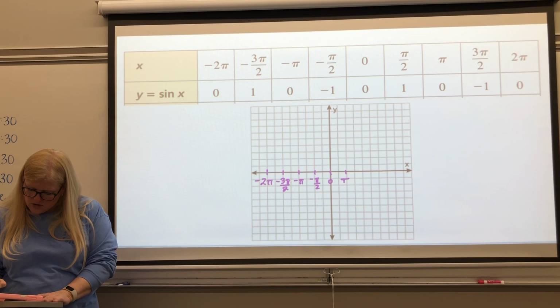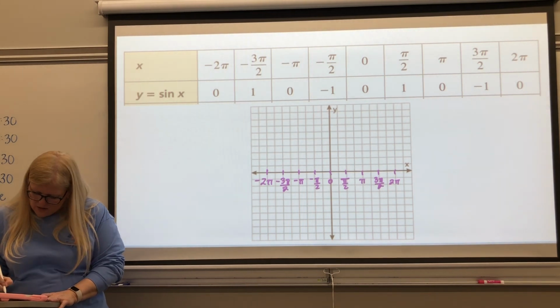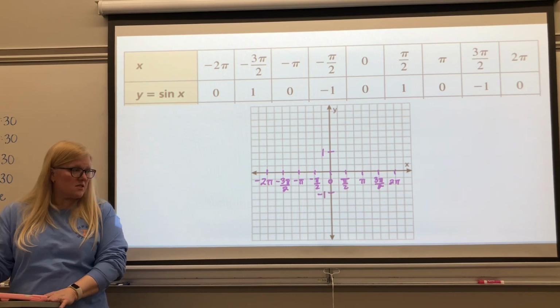Here's pi over 2, pi, 3 pi over 2, and 2 pi. Then I'm just going to make one right here. Again, this is not to scale. Put -1 right here. Now I'm going to plot the points.